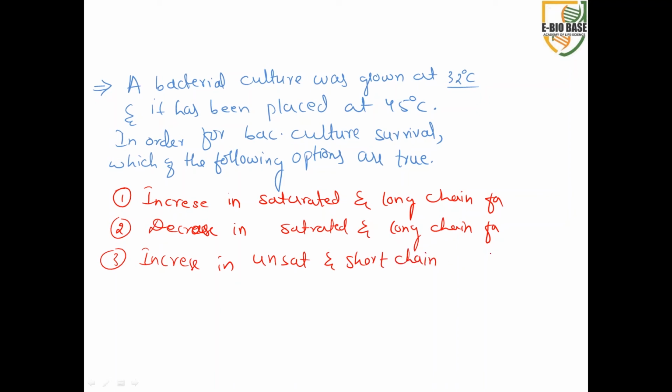Keep this in mind before answering. You have to think about what saturated and unsaturated fatty acids are going to do with respect to temperature, because the temperature is changed from 32 to 45.